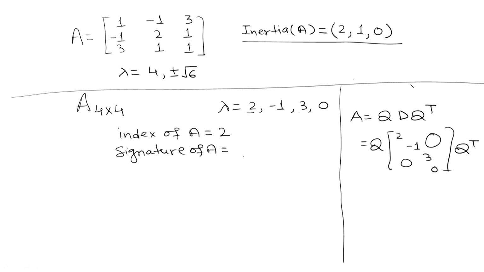Here I have 2 positive entries and 1 negative entry, so 2 minus 1 comes out to be 1. And as I told you, the rank of A is the number of non-zero entries in the diagonal representation of the matrix A.